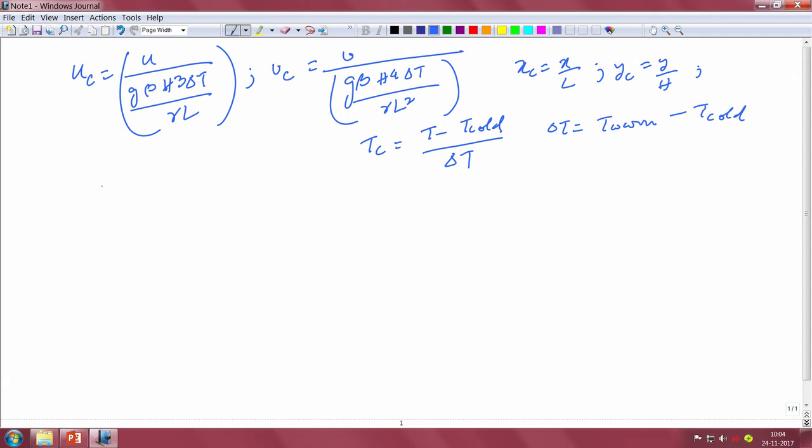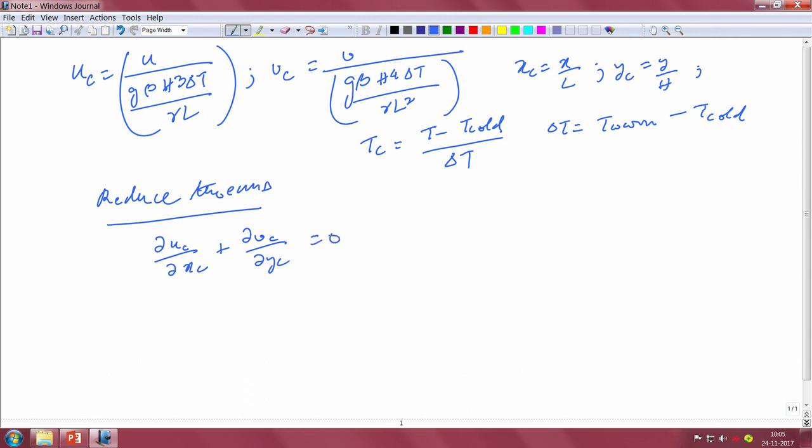So, you can reduce the equations that we had. This also we wrote; I am rewriting them once again. So, reduce the equations. Del u_c by del x_c plus del v_c by del y_c is equal to 0. That would be the continuity equation and the momentum equation. I am rewriting this just for convenience, so that one can recap what happened last time.